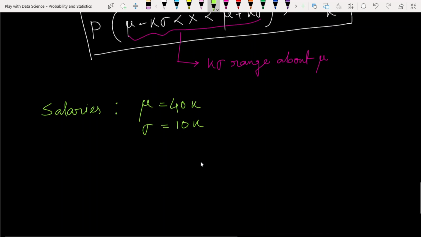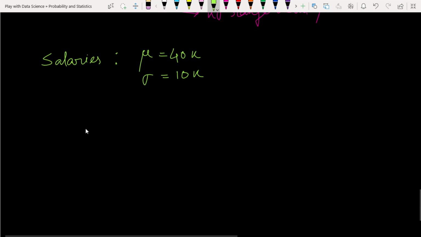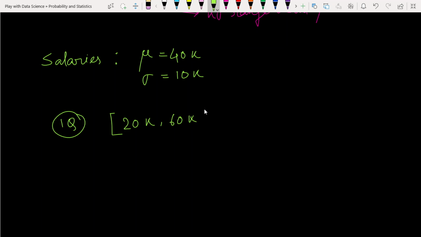For the other company, the standard deviation is 12k. For the first requirement, we want to find the range 20k to 60k. So what is 20k? 20k means mu minus 2 sigma. Mu minus 2 sigma is 20k.